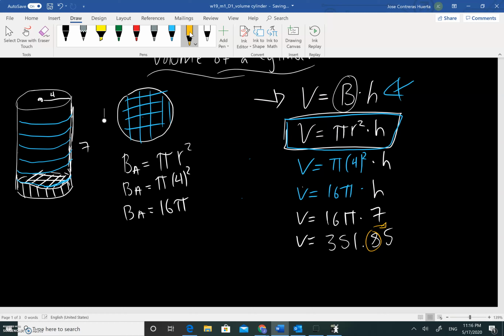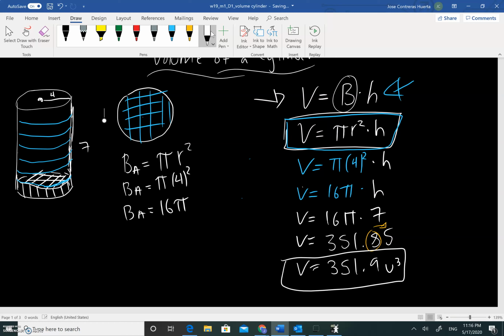The number afterwards is 5 or greater, so that means this is going to go up. So volume is equal to 351.9, and that's going to be my answer. And it's going to be units squared. I mean, not units squared, because square is for area. It's units cubed, because you multiply 3 different dimensions.